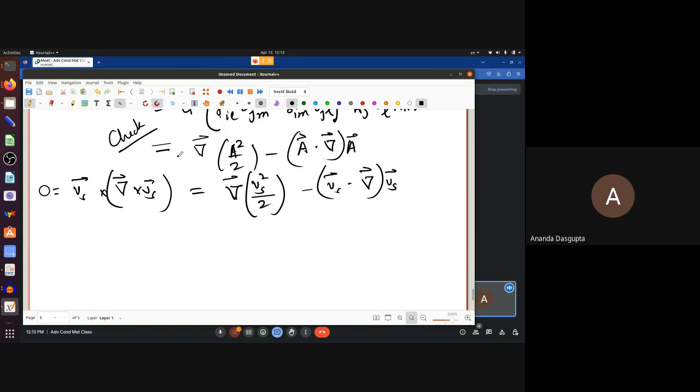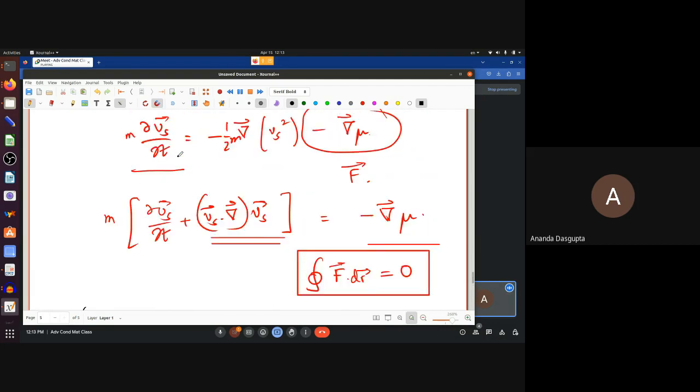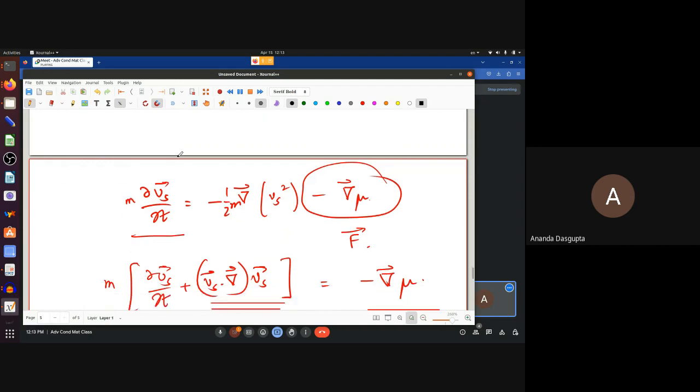Which means that grad of Vs square by 2 is actually Vs dot grad Vs. This term is actually minus M Vs dot grad Vs. Because superfluid flow is irrotational, this term which I got from the gradient of the kinetic energy is actually the spatial part of the Eulerian derivative. And if you bring this to the other side, you actually get this.